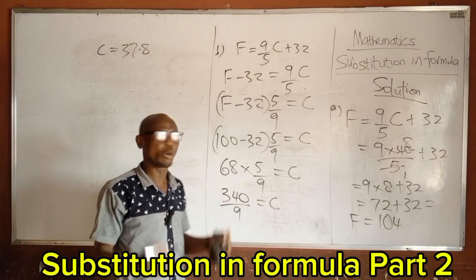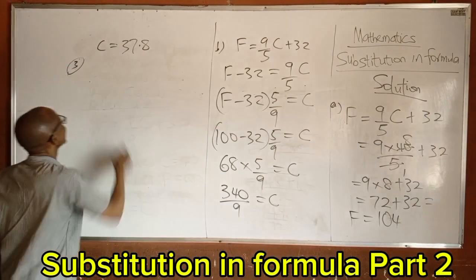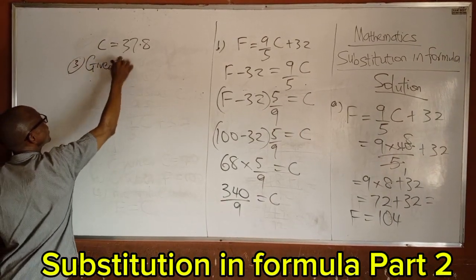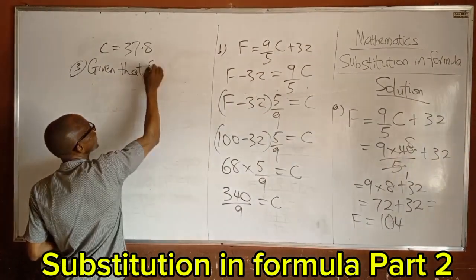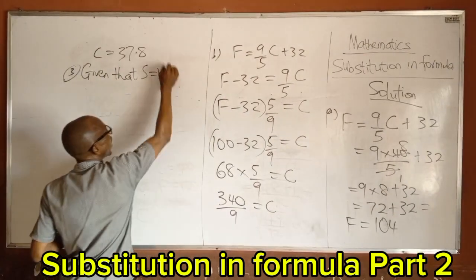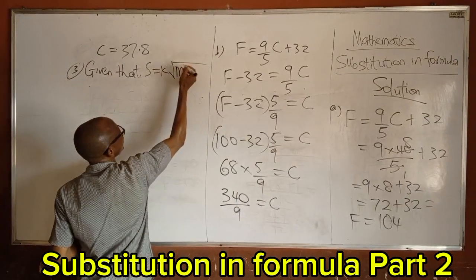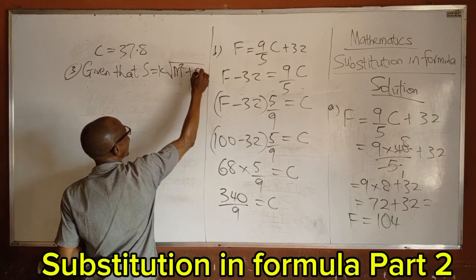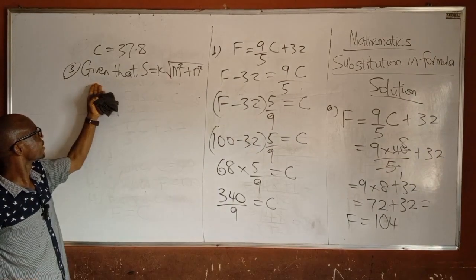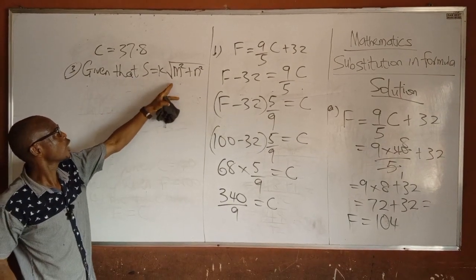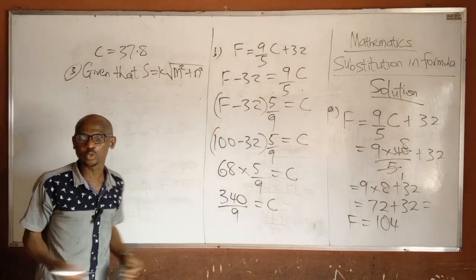We are going to take one more last question. Let me say question number 3. Let's look at that. Let's say, given that x is equal to k square root of m raised to power 2 plus n raised to power 2, all in a square root.